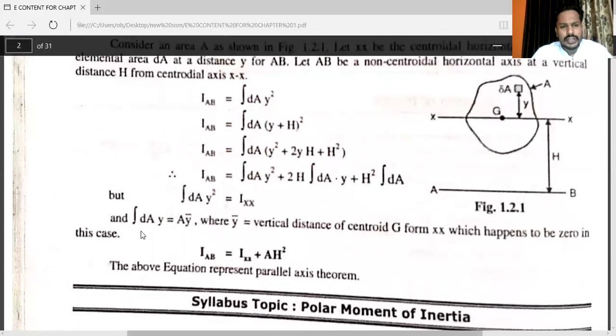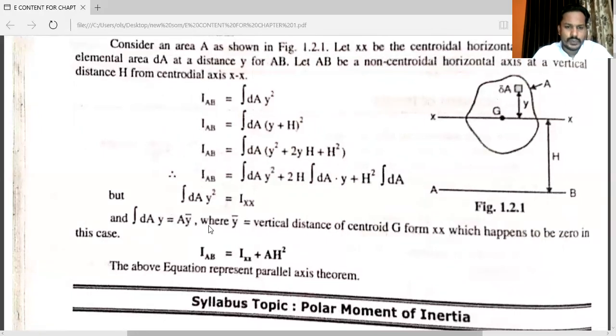And integration of dA into y is nothing but A into y bar, where y bar is the vertical distance of the centroid G from XX, which happens to be 0 in this case. Here we are considering the distance y bar is 0, so automatically this term vanishes. Moment of inertia about AB is equal to Ixx plus A h square.